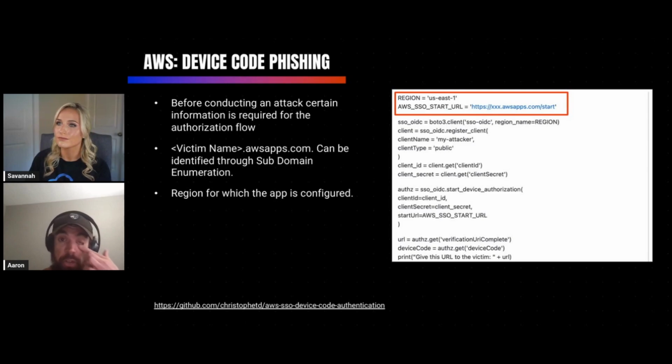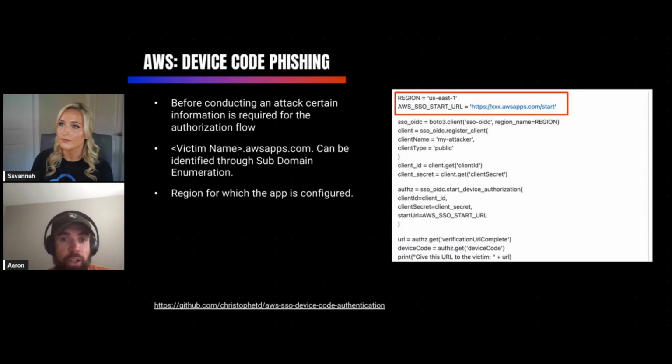So continuing on with device code phishing, some certain information is required. This can be done during the open source enumeration of your target. You're basically looking for the company domain name prefixed before awsapps.com.